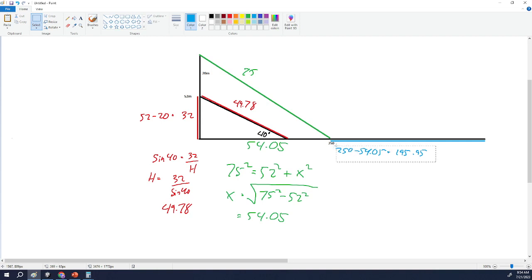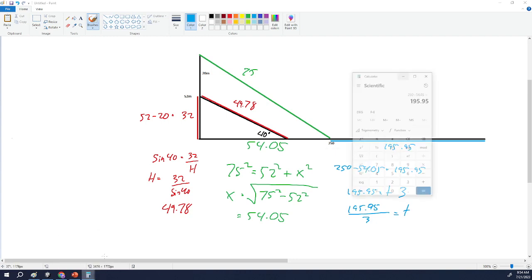And let me just put this here. But the question is, how long would it take? If you remember, distance is equal to time times speed. Our distance, 195.95, is equal to the number of seconds times the speed, which is 3. So we isolate the t: 195.95 divided by 3 is equal to t.